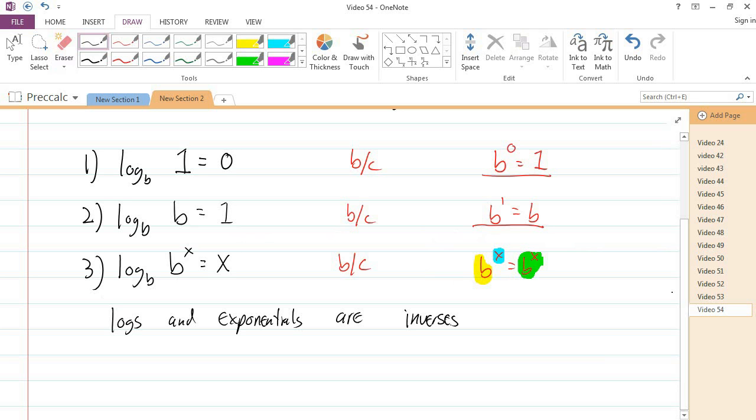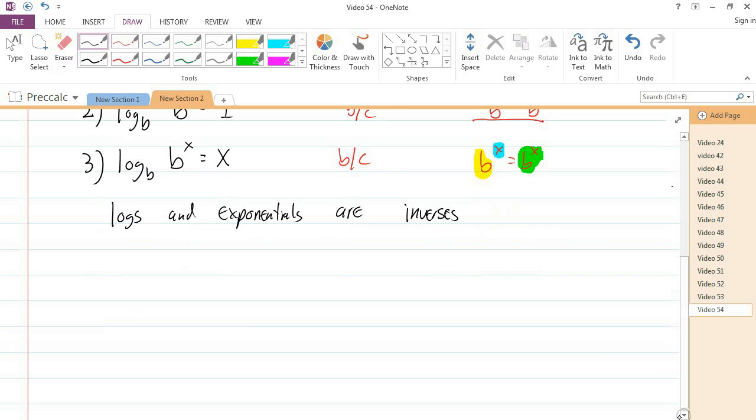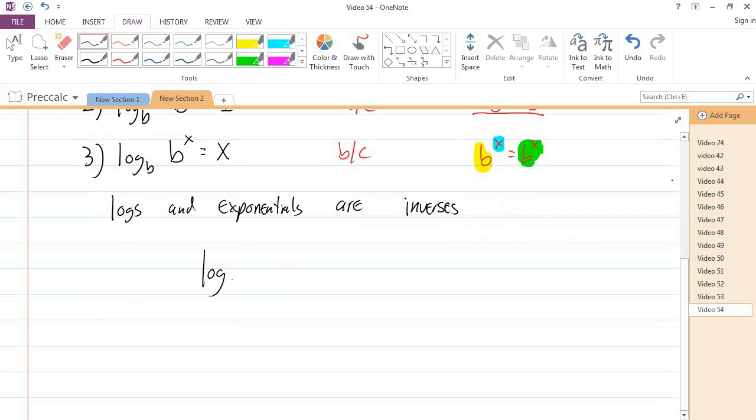So for instance, if I take a log with 6 as a base of 6 raised to the second power, these two things will kind of cancel out because one is the inverse operation of the other.